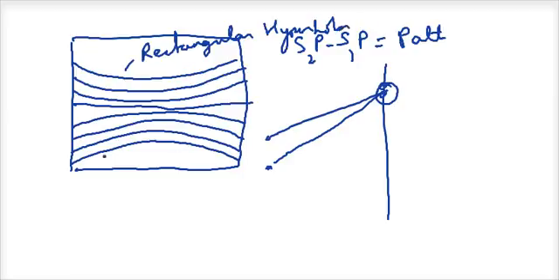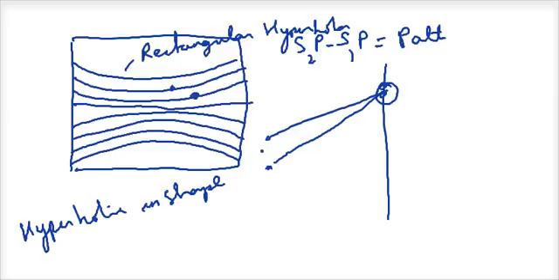So these fringes will be hyperbolic in shape. Why? Because they represent points such that the difference in distance of the point from these two fixed points is fixed. That's why you're getting an intensity maximum there. I hope you are able to understand this.